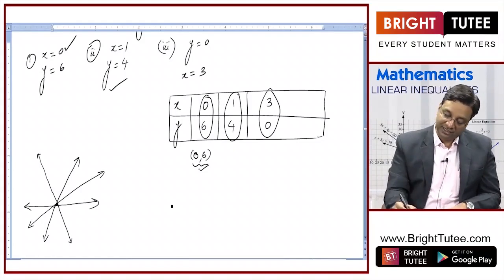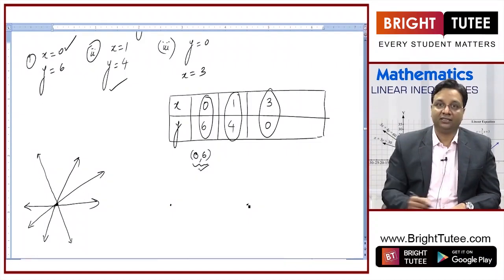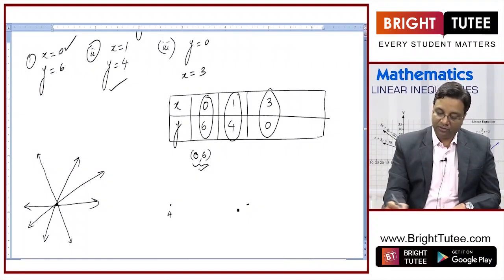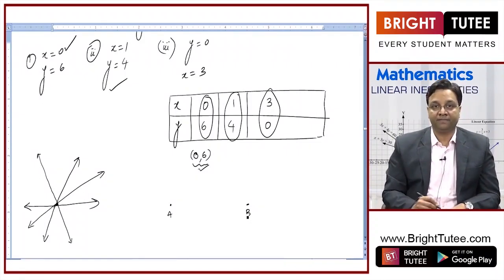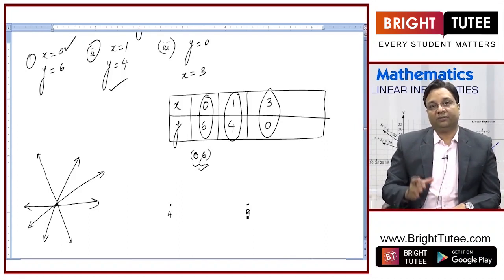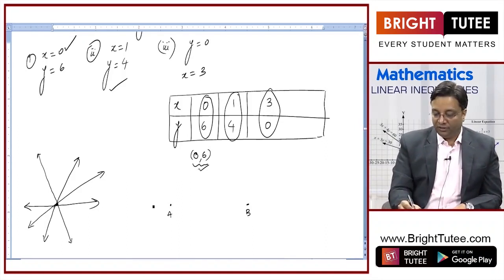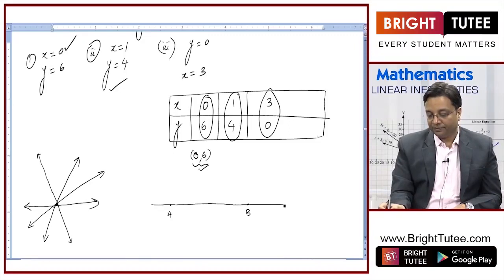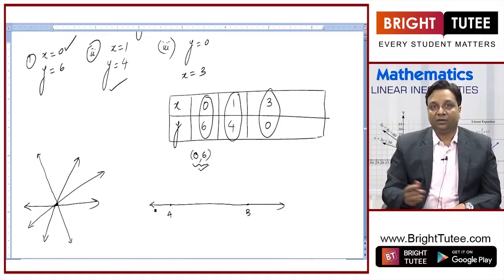But if I specify 2 points and I ask how many lines can pass through point A and point B, how many lines can pass through these 2 points? We will draw this line. Now try to draw another line. You will not be able to.